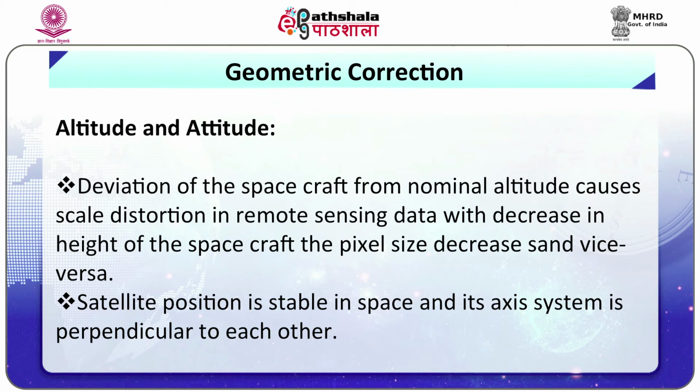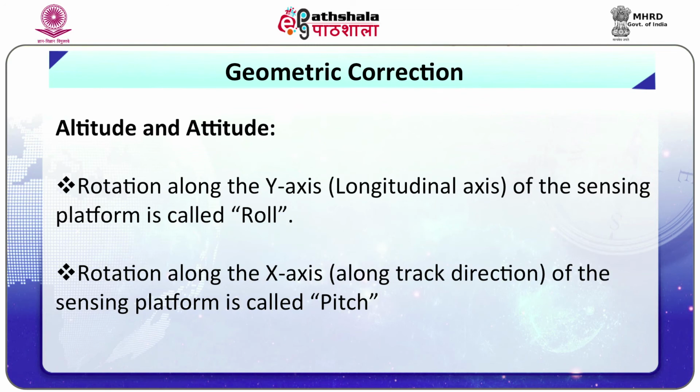Satellite position is stable in space and its axes are perpendicular to each other. Rotation along the y-axis of the scanning platform is called roll. Rotation along the x-axis of the sensing platform is called pitch.